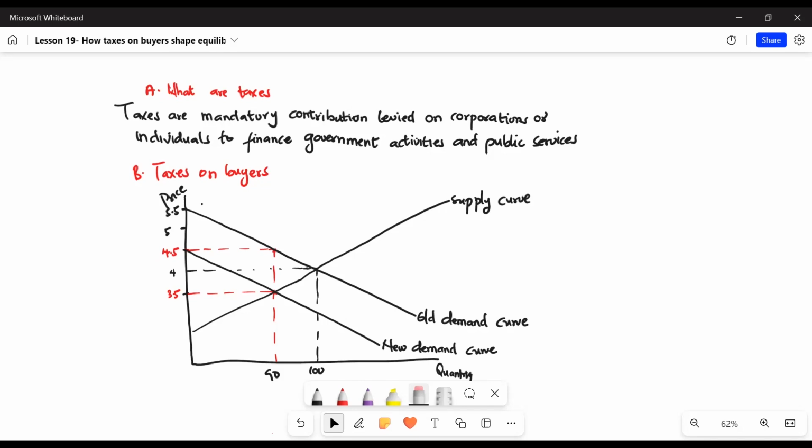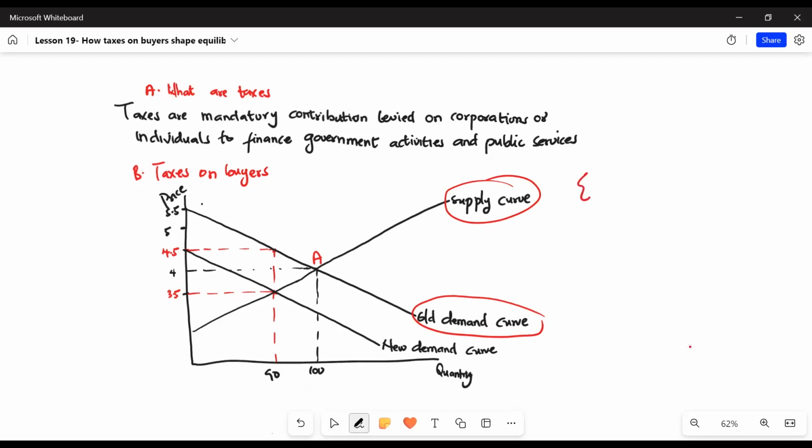Now let's consider a simple market for apples below. Before the government implemented any tax at all, equilibrium as shown by the intersection of our old demand curve and the supply curve occurs at point A. At this point, equilibrium price is 4, shown on this curve.